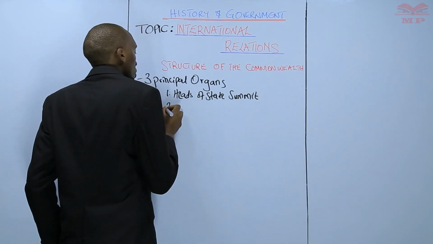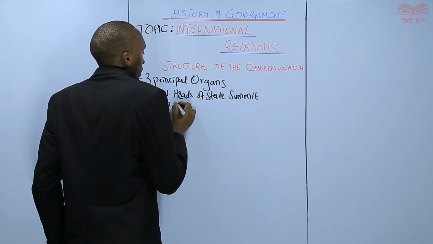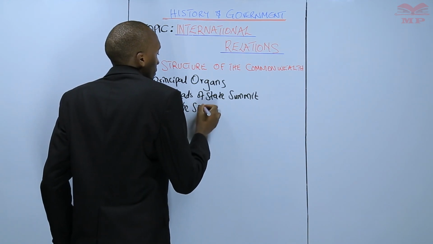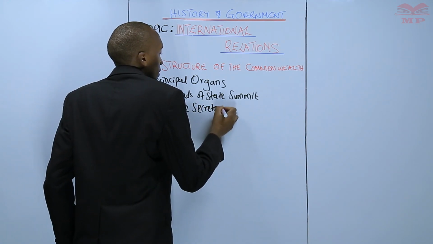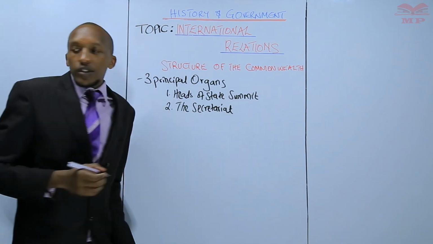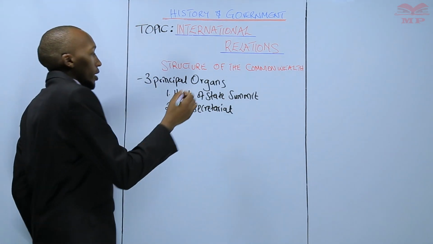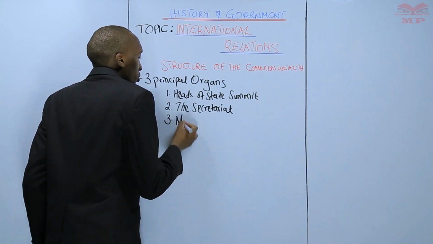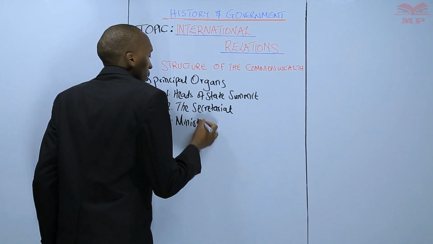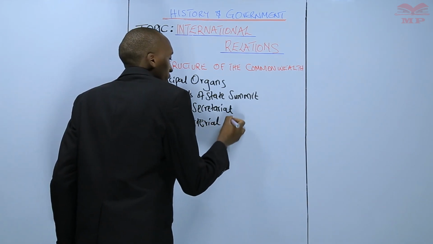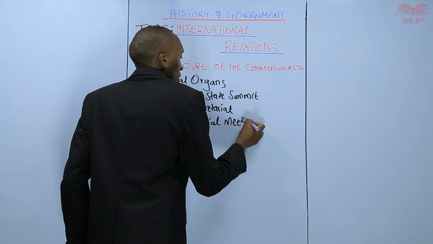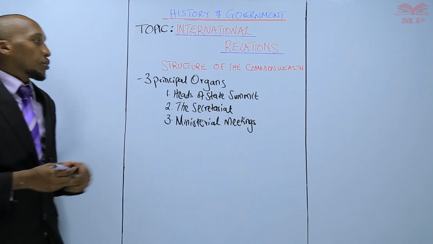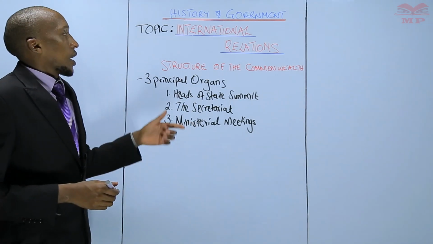Number two, we have the secretariat as the second organ or arm. And then lastly, we have the ministerial meetings. So these are the principal organs of the Commonwealth.